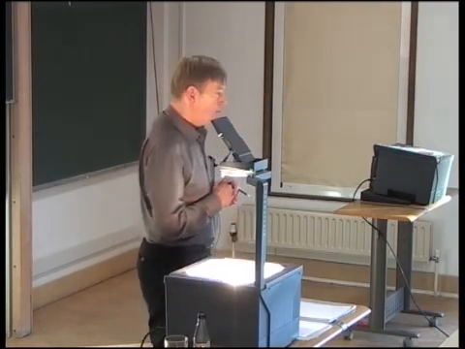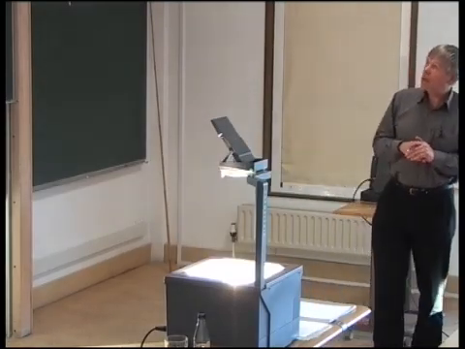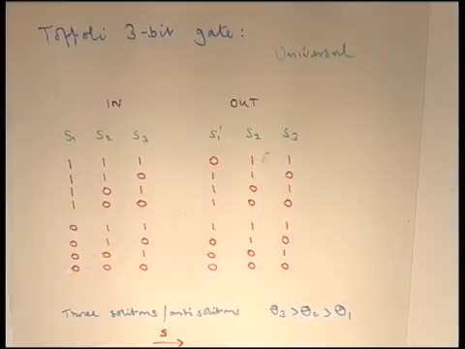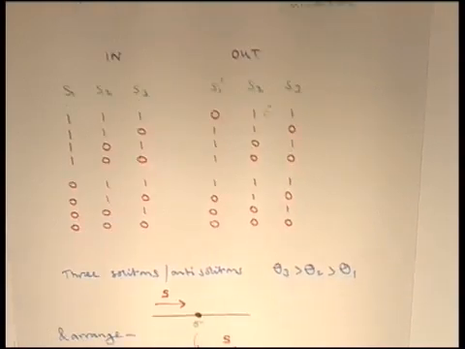If you wanted to play with solitons, then you could imagine doing some kind of computation with solitons, and as long as you can make what's known as a Toffoli 3-bit gate, then you can construct all other logic gates by putting them together in various combinations. And you see it'd be rather simple to do this.